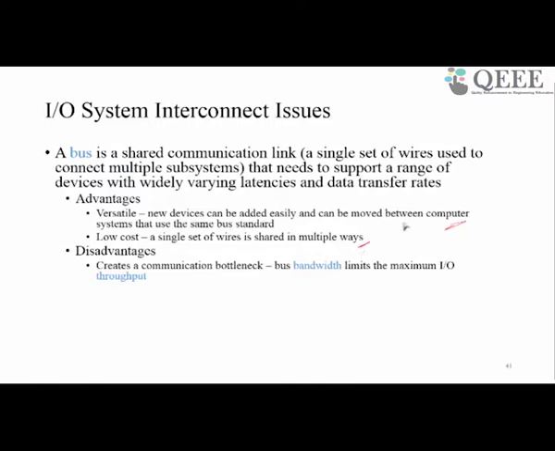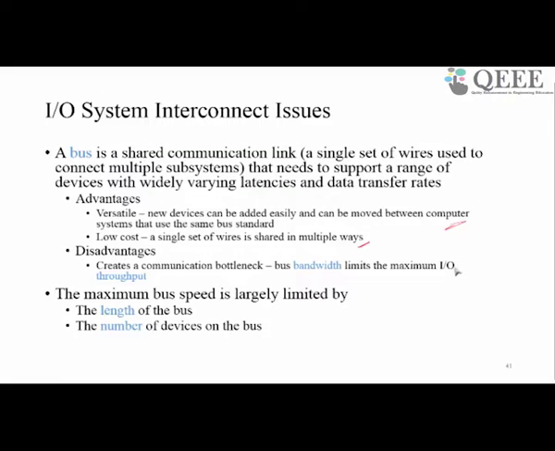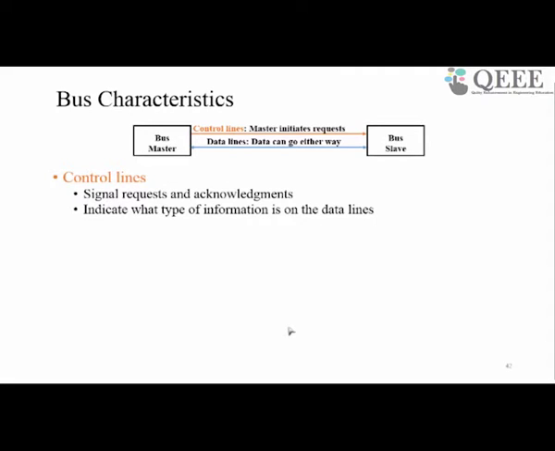It is low cost because it is shared, but it becomes a bottleneck because through a given bus only one transfer is possible. Also, the number of devices can be a restriction, and the length of the bus will also be a restriction because if the length of the bus is larger, then problems like clock skew will come into the picture.